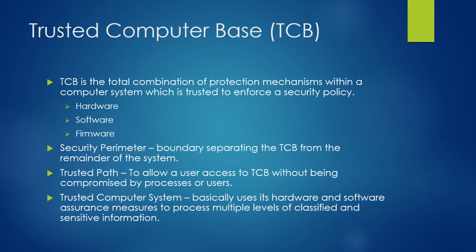So it's a safe path allowing a user to access the trusted computer base, known as the trusted path. Trusted computer system. Basically, it uses hardware and software assurance measures to process multiple levels of classified and sensitive information.